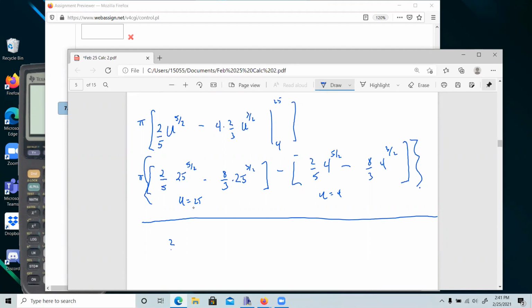We could say 2/5 25 to the 5 halves minus 2/5 4 to the 5 halves, factor out the 2/5, and then we'd have a positive, right? Negative times negative, so we'd have 8/3, 4 to the 3 halves minus 8/3, 5 to the 3 halves, and get that. We could do something like that too, times pi.